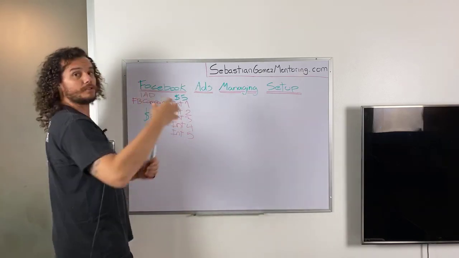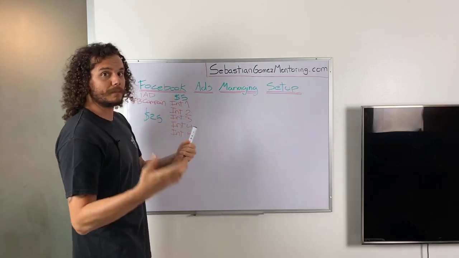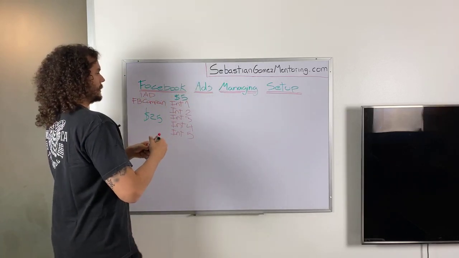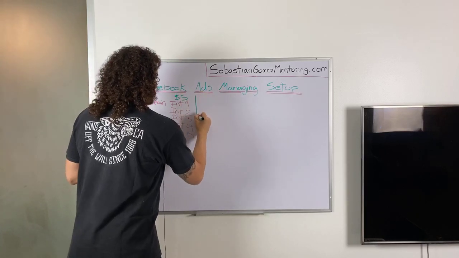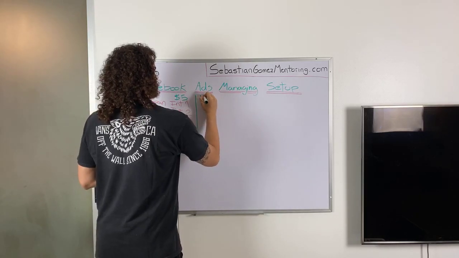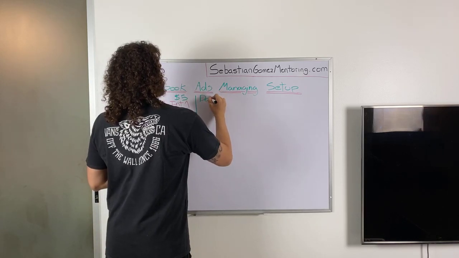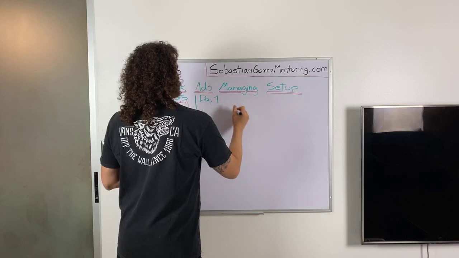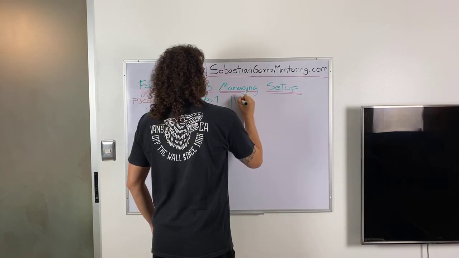Broad interest, and if they're small interests, just bundle them together to make an audience hopefully bigger than 1 million, right? So let's do this. It's going to be day 1. Day 1. Day 2.